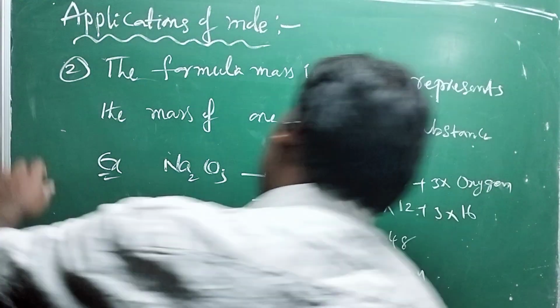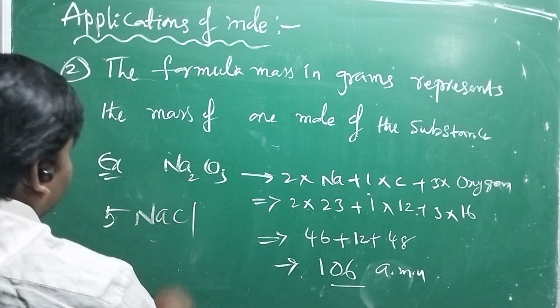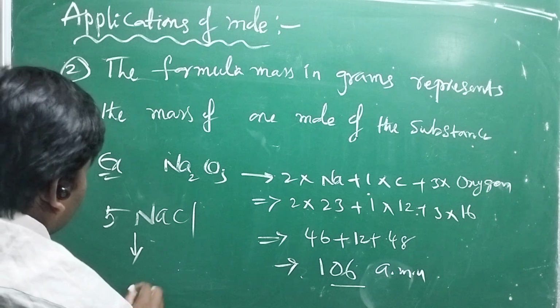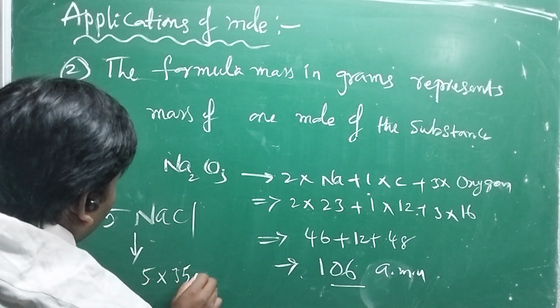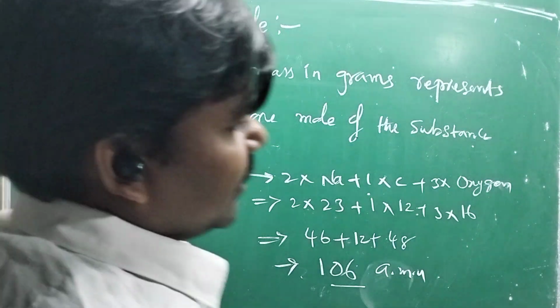If you take 5 NaCl, which indicates 5 into 58.5, that is the mass of 5 moles of sodium chloride.